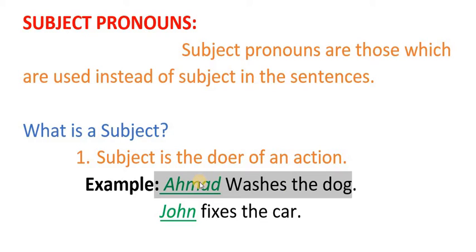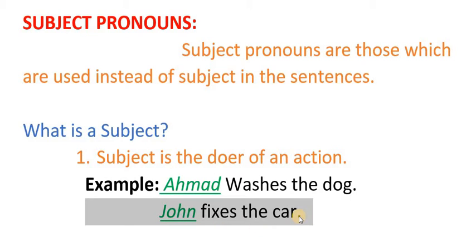The subject is Ahmad; he washed the dog, guys. Who does the action? Ahmad does the action. The next example, John fixes the car. Who does this action, or who fixes the car? The subject, the man whose name is John.